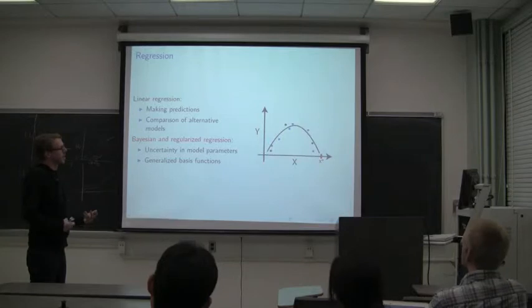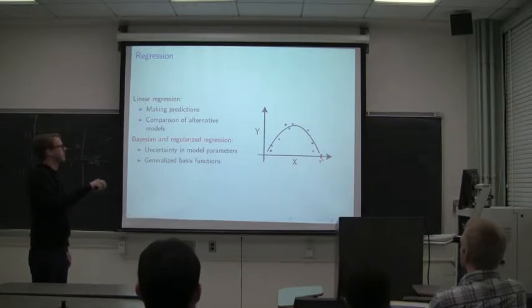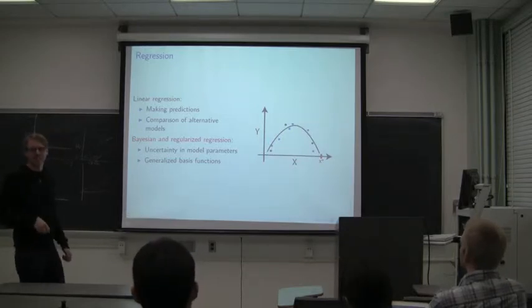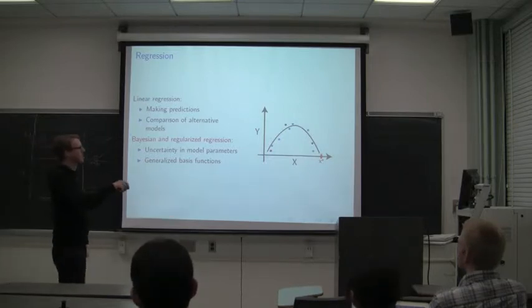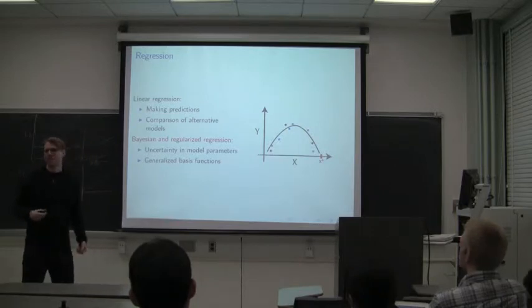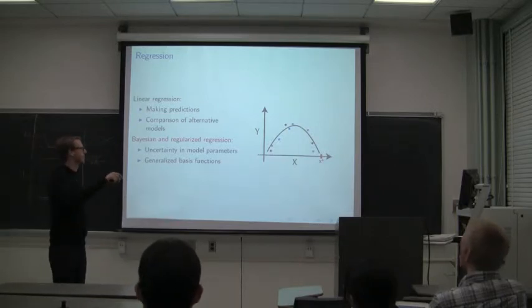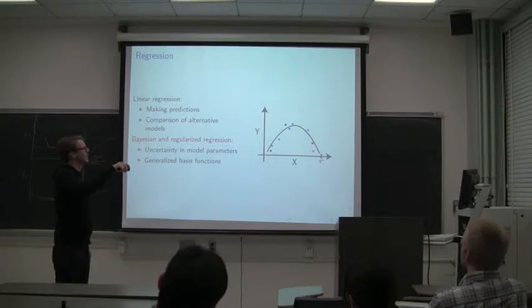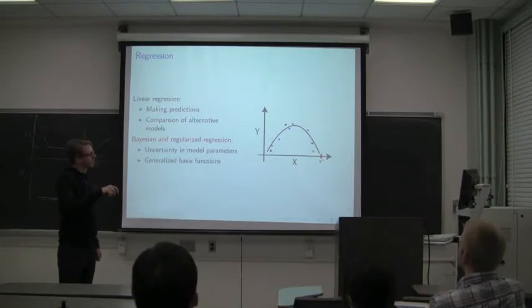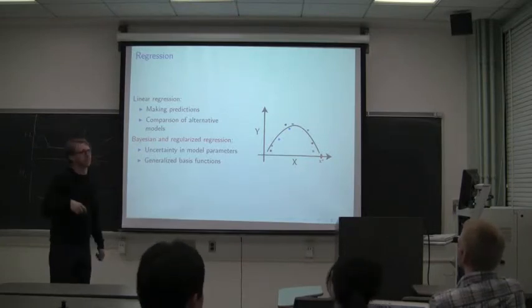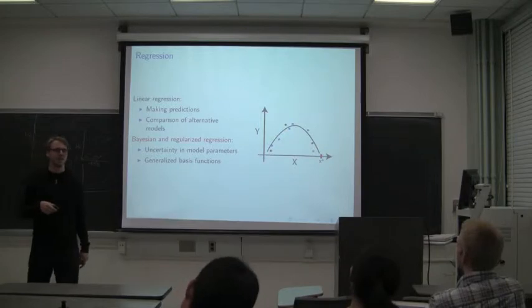Another thing that we'll cover, and that is especially nice because it gives us a simple way to get, in a two-dimensional plot, more than a boring straight line, is generalized basis functions, where given a single input variable, we can still get a nonlinear function.